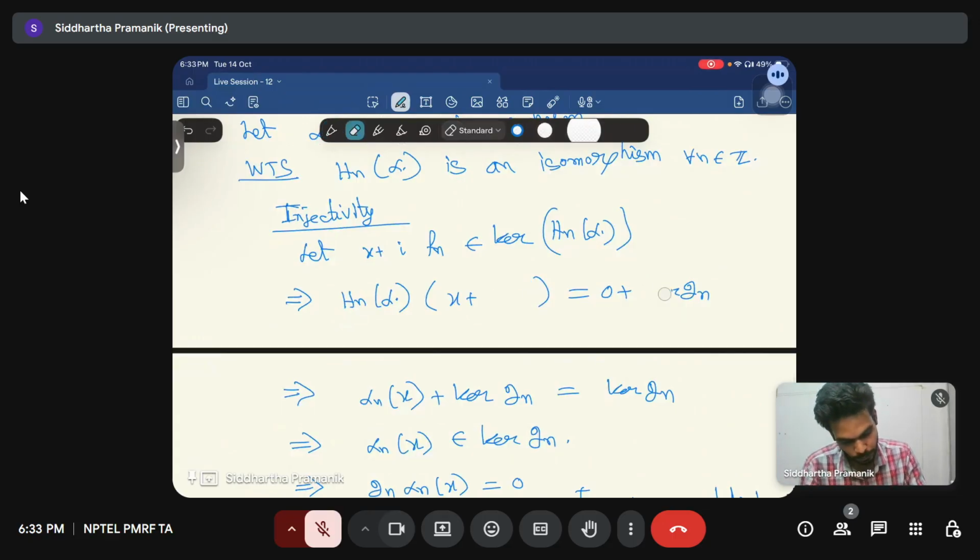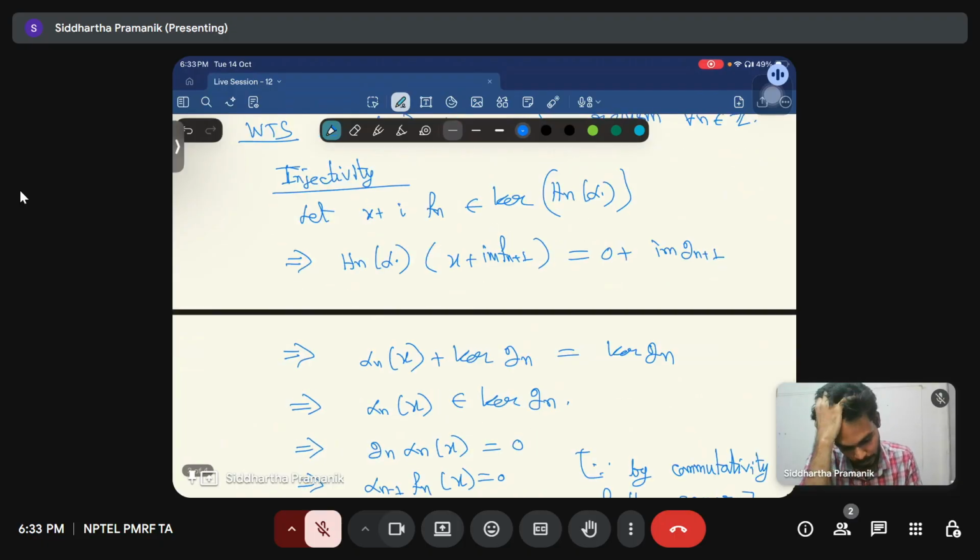No problem. Wait. So it is image of f_{n+1}. It is image of g_{n+1}. So alpha_n of x, it is image of g_{n+1}. It is also image of g_{n+1}. So alpha_n x is in the image of g_{n+1}.